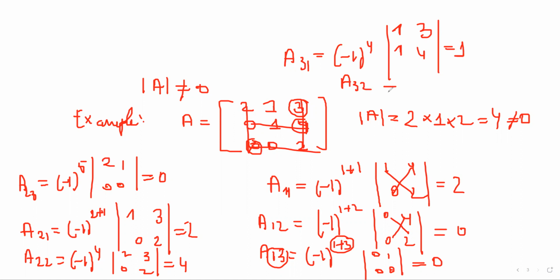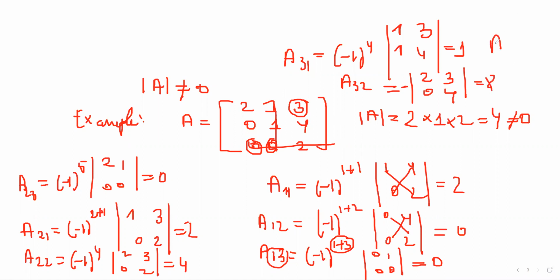A32 is equal, again, minus is going to be with minus. Yes, it's 4. So we are going to find here the element for this element. You see, the column and row we deleted, so it's going to be 2, 3, 0, 4. So 2, 3, 0, 4. You can see it's 8.